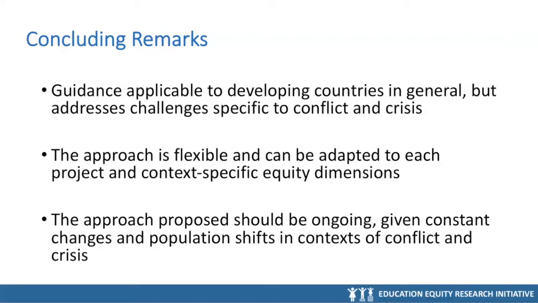I think we talk a lot about in step 1, especially, working through a participatory approach with the local population in order to identify population subgroups, the subgroups that tend to be excluded from the education system. In that specific context, that would be the equity dimension of interest.